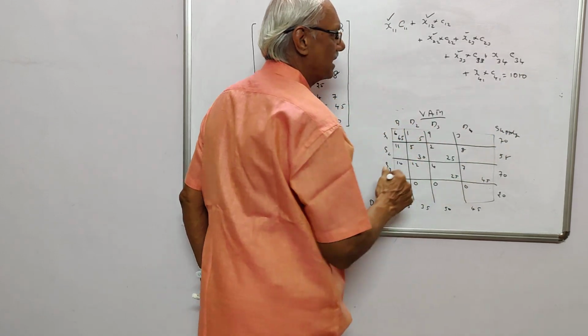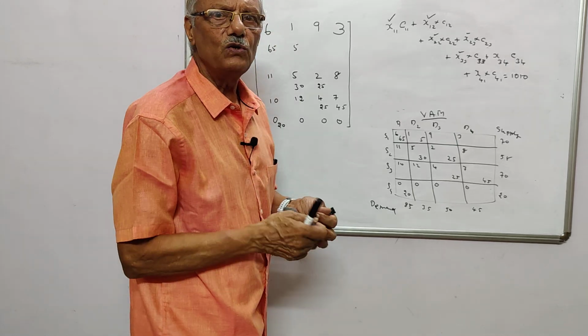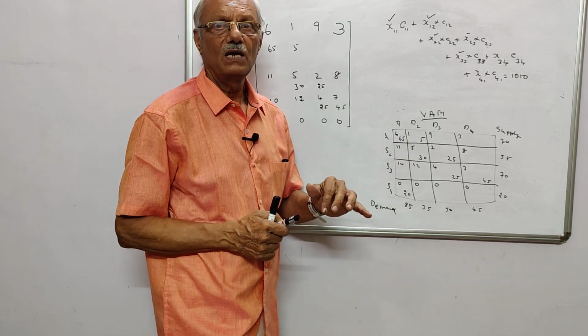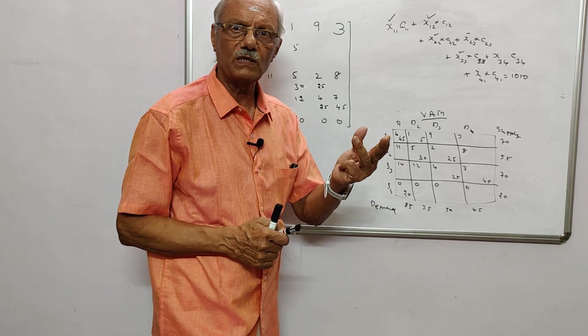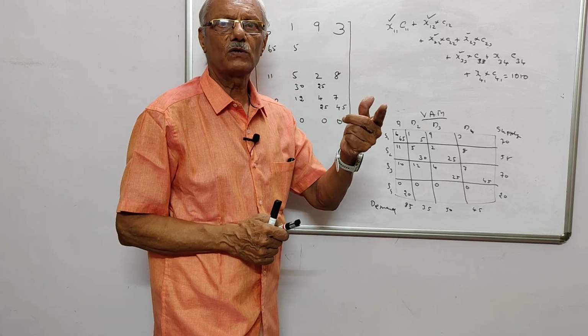Just see whether this is correct. What is the meaning of solution? Solution is nothing but finding the allocations using either the northwest corner method, the least cost method, or Vogel's approximation method.